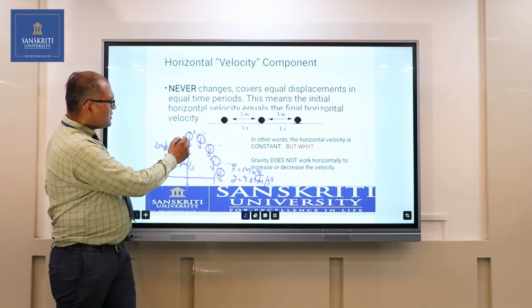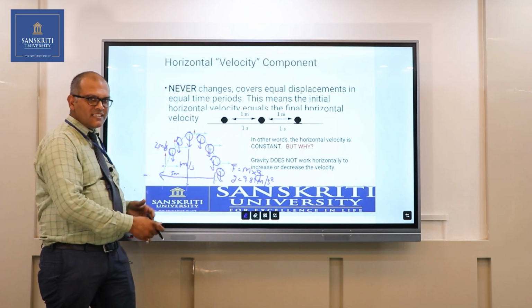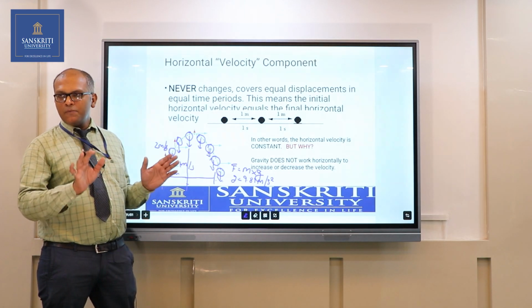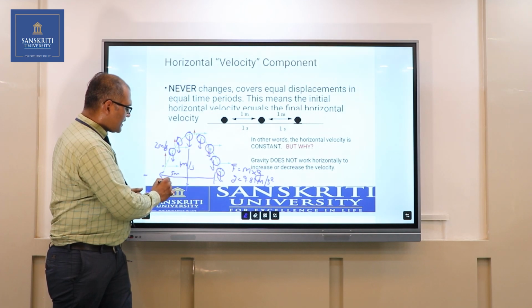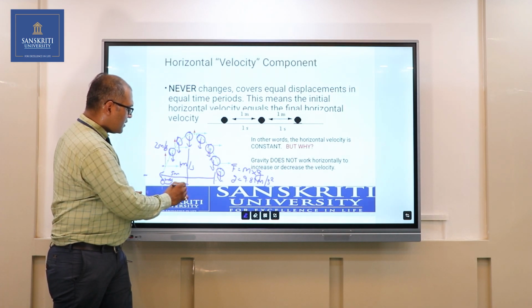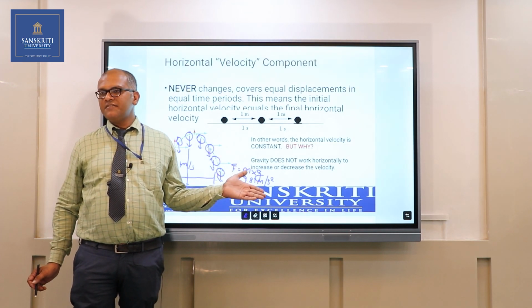In 5 seconds, this ball will cover 5 meters of horizontal distance. But if a body is moving in a horizontal direction with the same velocity, 1 meter per second, it will also cover the same horizontal distance of 5 meters in 5 seconds.